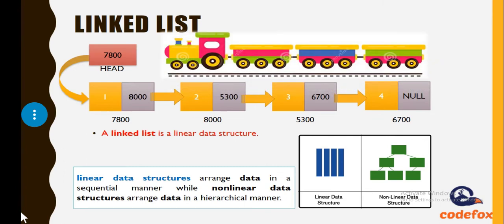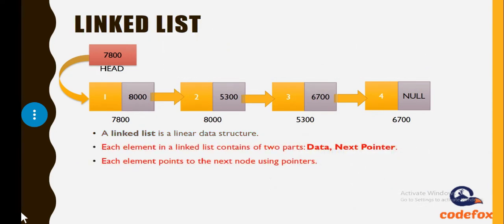Now let's imagine our linked list. How is it going to look like? Just imagine a train with some coaches behind it, and we have to assume our coaches as nodes. Now let's see what are the nodes. In linked list, nodes are having two parts, data and next pointer.